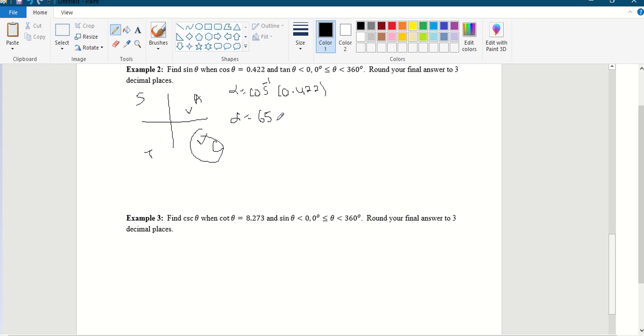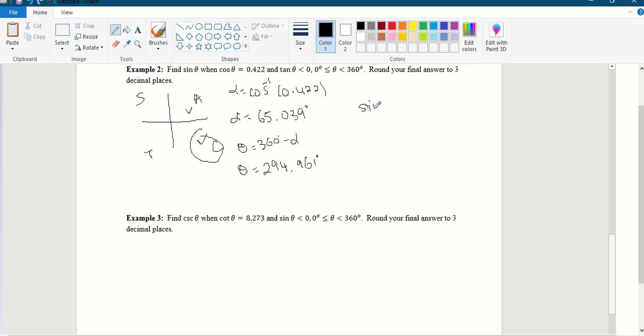So I'm going to say 65.039 degrees. Now because we are in the fourth quadrant, theta will be 360 minus alpha. So in our case, 360 minus this number, which will end up giving us 294.961 degrees.